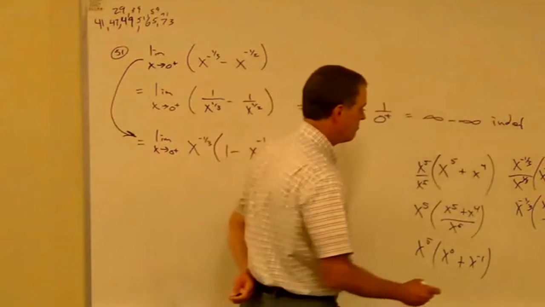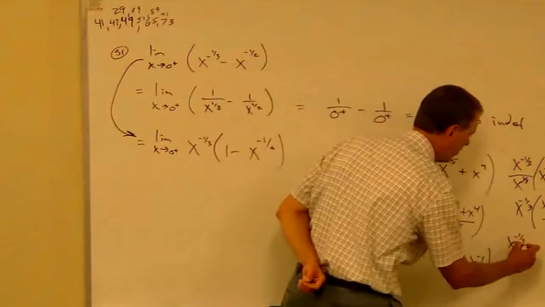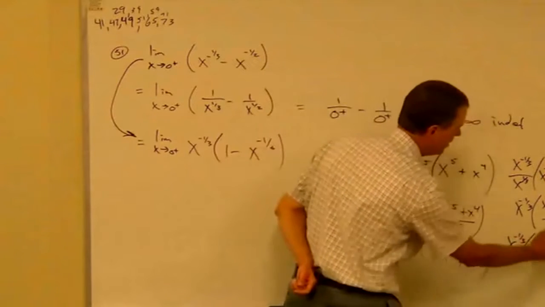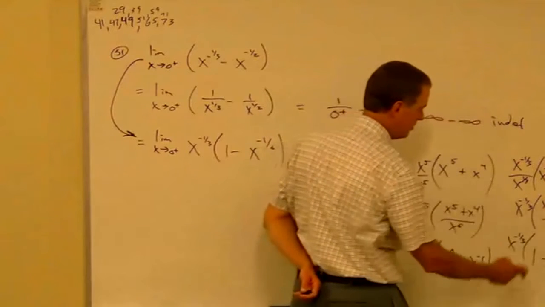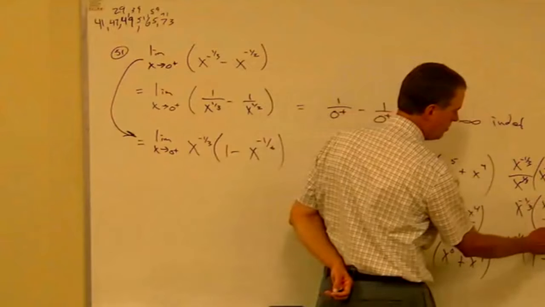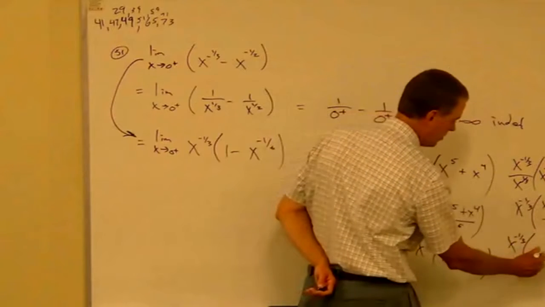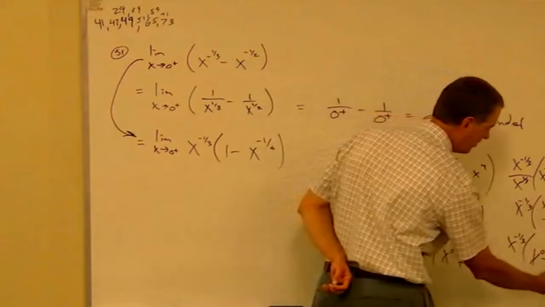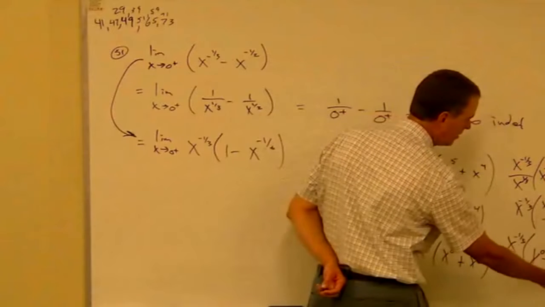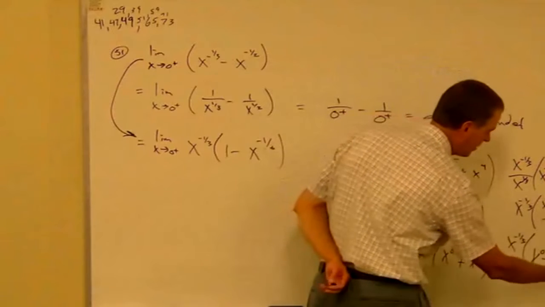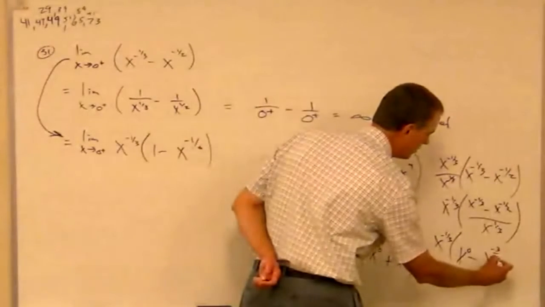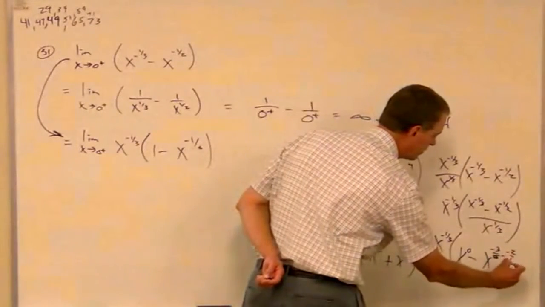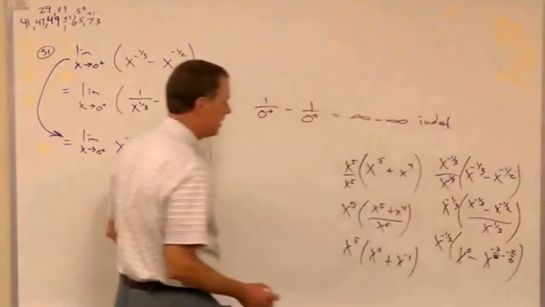That gives me x to the negative 1/3 times 1 minus. Now you have to subtract those exponents. Negative 1/3 minus negative 1/3 is x to the 0. Negative 1/2 minus negative 1/3 is negative 3/6 minus negative 2/6, which is negative 1/6.